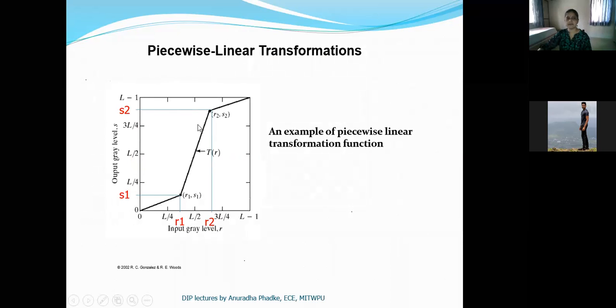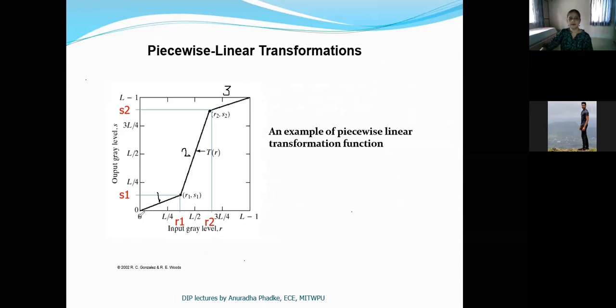As we are using piecewise linear approximation, this contrast stretching is an example of piecewise linear transformation. Now, if you look at this curve, there are three line segments. This is your first line segment, this is the second line segment, and this is the third line segment.